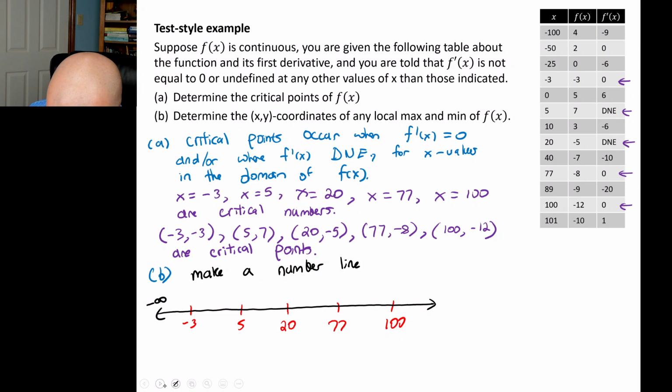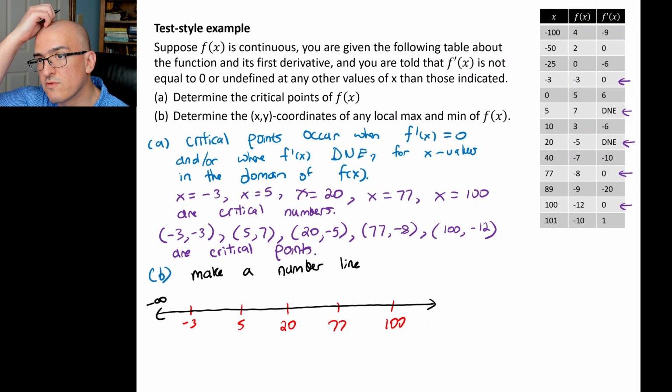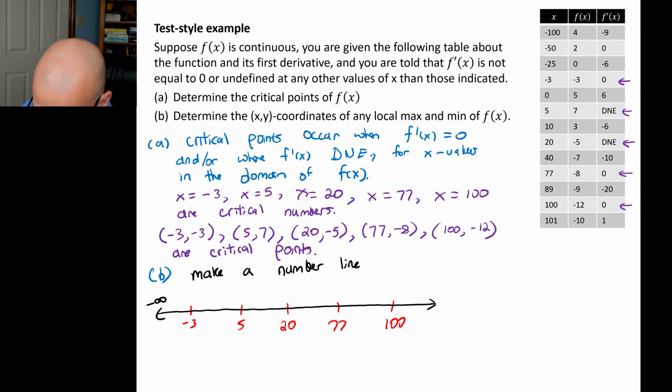Okay, now I have to check whether the derivative is positive or negative in each of those regions. So, did I miss one? I missed one. Look, -50. There's a 0 up there. I missed it.